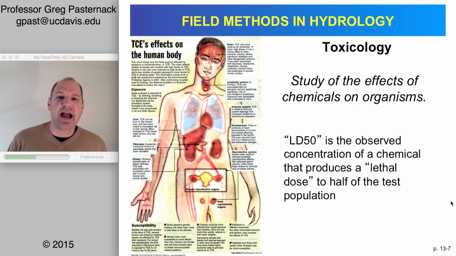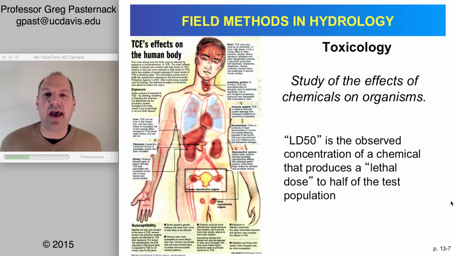So that leads us to toxicology, which is the study of the effects of chemicals on organisms, trying to figure out whether we're going to have acute effects, acute meaning leading to death or major problems in the short term, or whether there would be chronic problems that could take a long time to emerge and might emerge at a lower level.